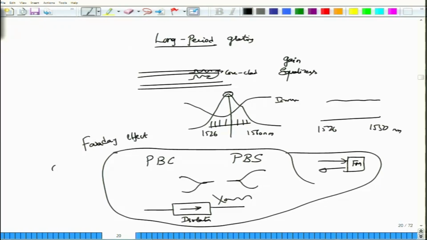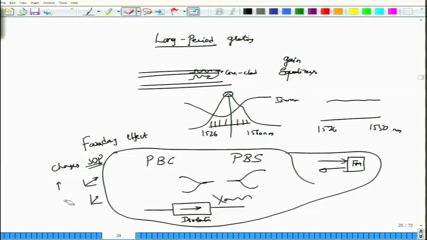The Faraday effect changes the state of polarization. So, if you send in a linear polarization in one direction, it may turn out to be linear, but at an angle of 45 degrees at the output. But if you send in the 45 degrees from the other end of the fiber, at the output it will not go back to the original linear polarization.